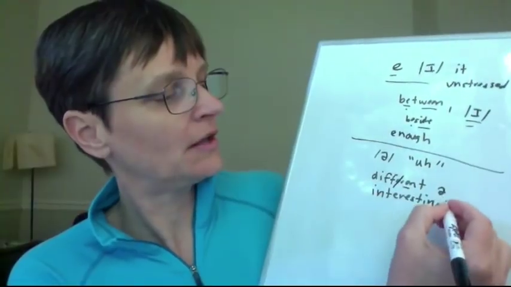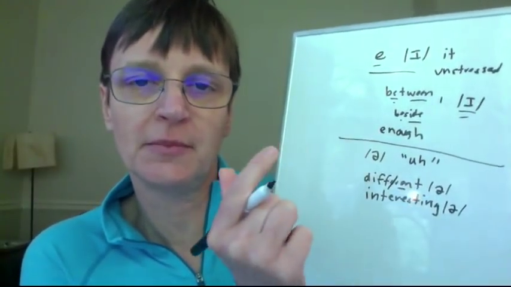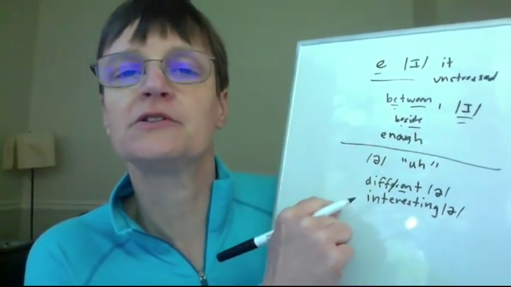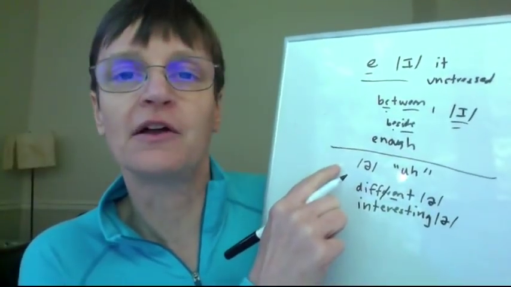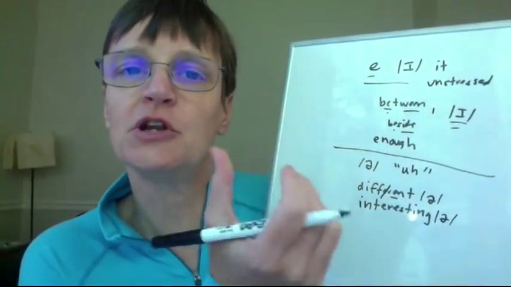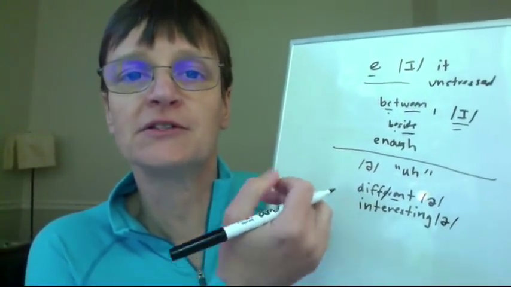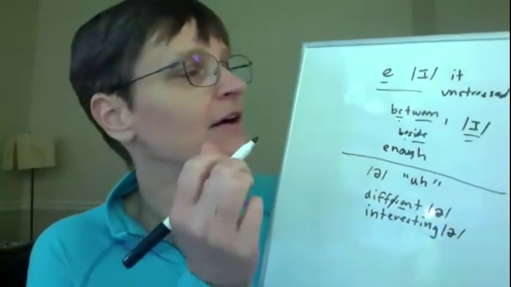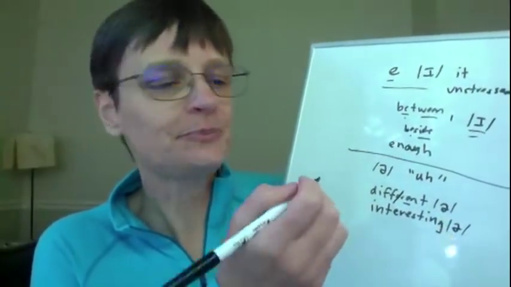Interesting. Again, as long as I'm stressing the correct syllable and making certain syllables short and others long, people will probably understand you when you say words like different and interesting, regardless of whether or not you're saying a schwa for those letter E's. But it can be useful to know about this pattern for the reduced sounds and reduced syllables, because if you make the actual E sound or the I sound for those letters, you're mispronouncing the words.